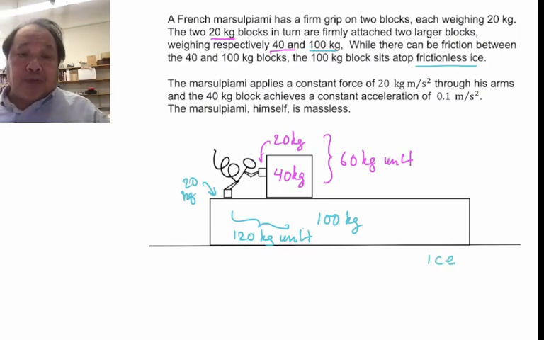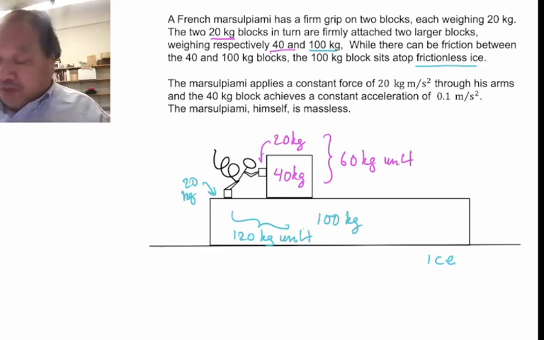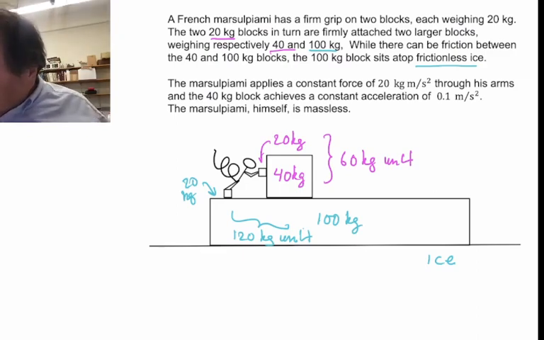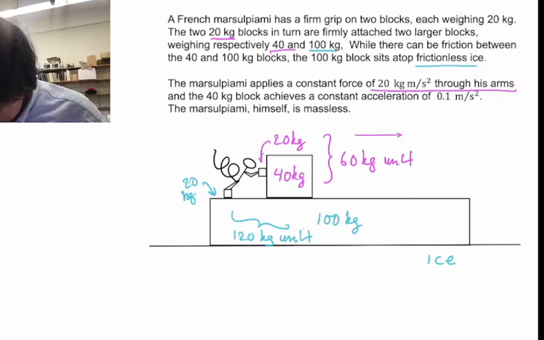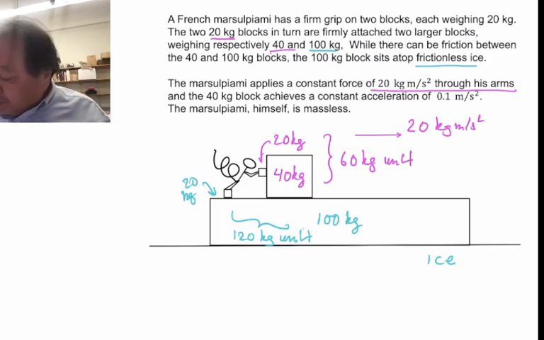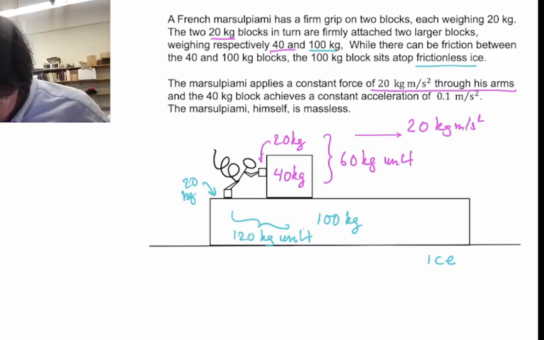So let's set up the free body diagram. The marsupiami is applying a force through the arms of 20 kilograms meters per second squared. So I'll show that here. Resisting that is the friction from the aqua block. So let's show that here. F fric.